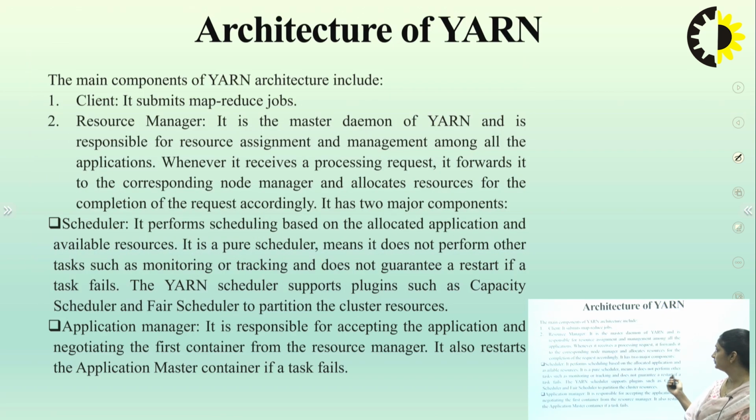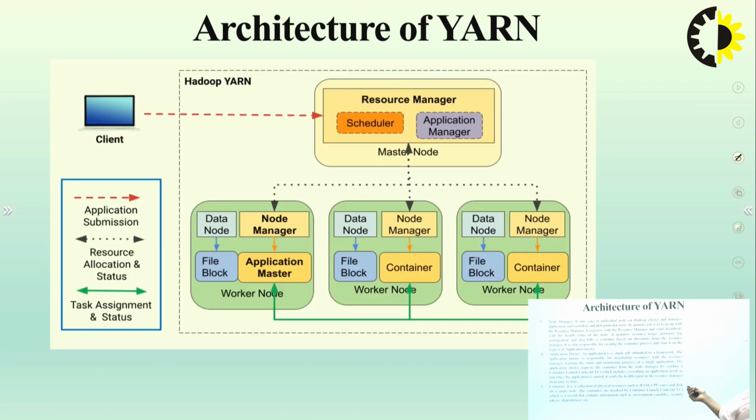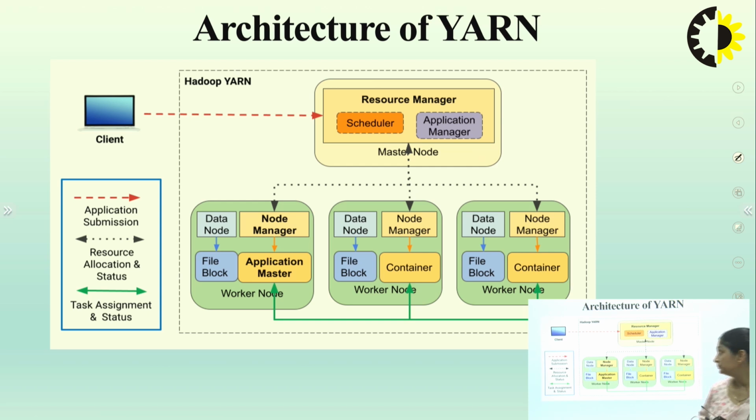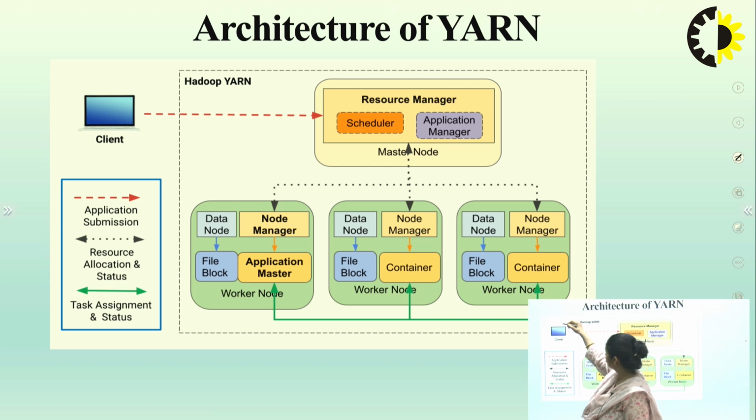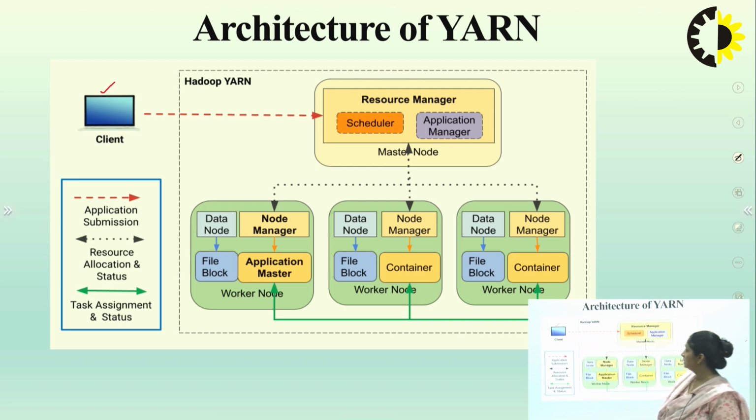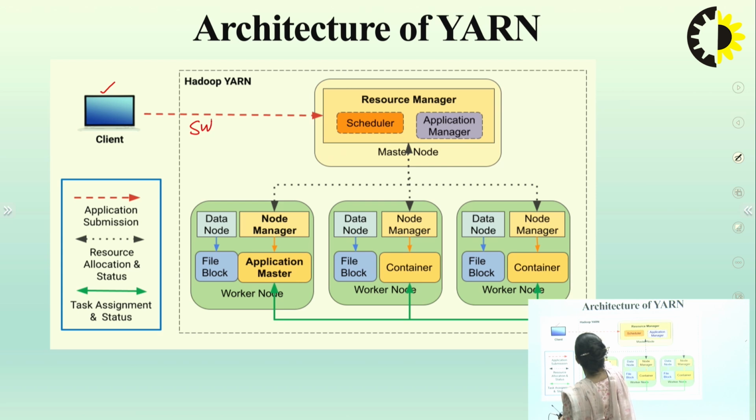Now we will see the architecture of Yarn. I will describe this architecture through the diagram. Just see this. In the architecture of Yarn, first of all, the client submits an application to the resource manager. The client submits an application to the resource manager.